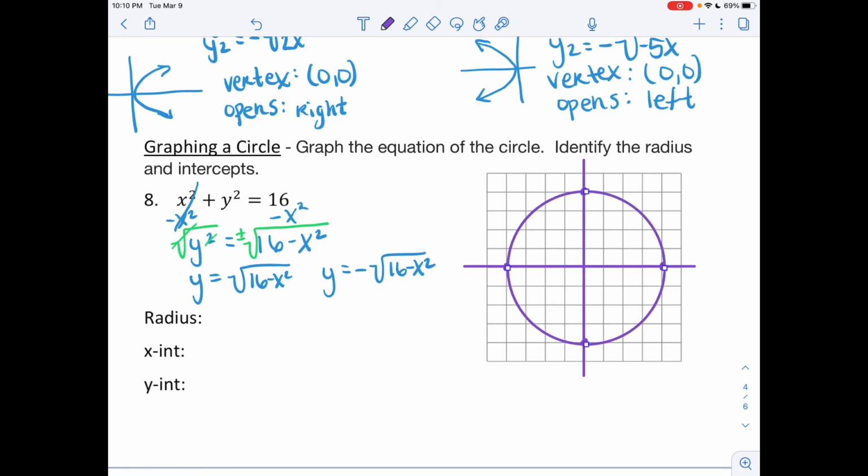Look at that. Okay, so we have a circle that has intercepts at plus and minus 4 in the x direction and the y direction. So my radius, my r value here, radius is equal to 4. My x-intercepts are at plus and minus 4, y-intercepts at plus and minus 4.